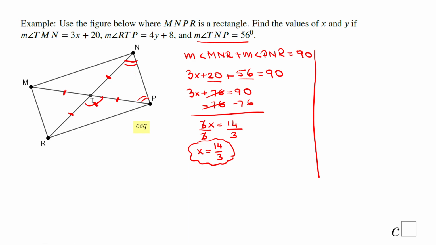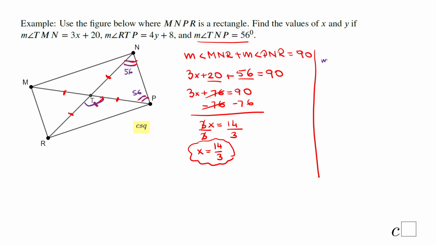And if you remember, TNP is this guy, which is 56. This is 56. The question is, how can I use this to find this angle now? And that, if you notice, is an exterior angle for triangle TNP. So that exterior angle will be the sum of the measures of the remote interior angles, which are these two guys.